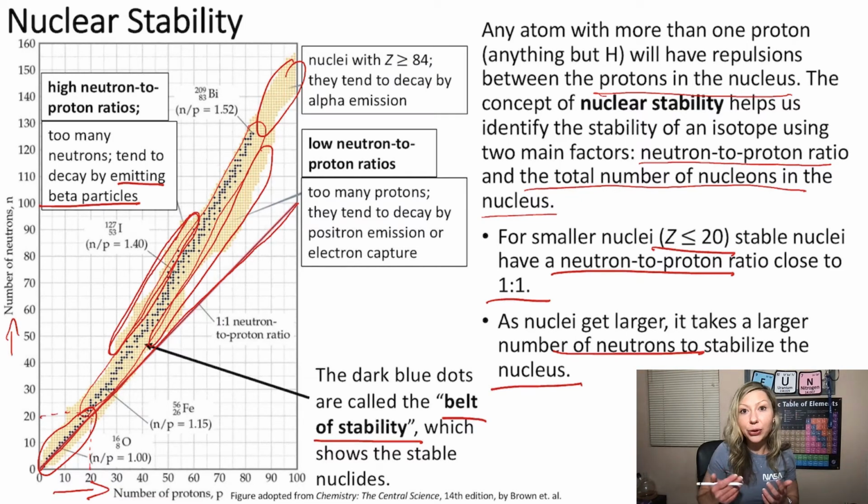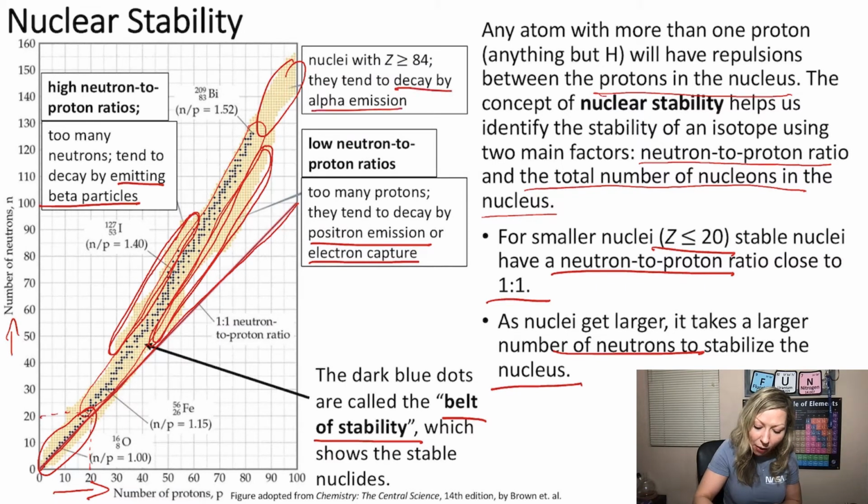If we have too few neutrons or too many protons, those are going to be below this belt, and we see stabilization by positron emission or electron capture. And if we have heavier nuclei, we see decay by alpha emission, which generally reduces the mass of the nuclei. All right, let's do a couple of sample problems.